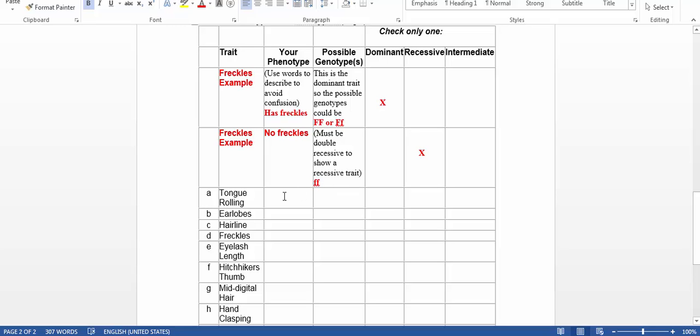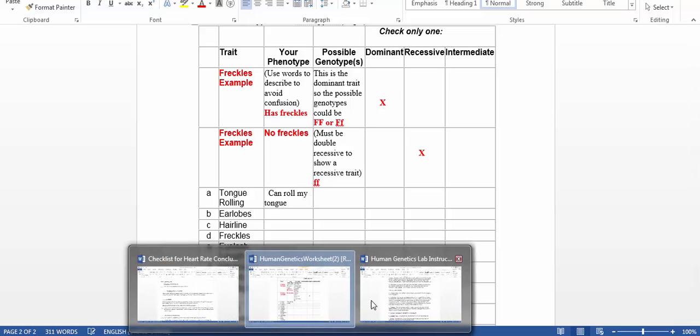All right, let's do one together. Tongue rolling. Well, it turns out we've used it for years. You probably did it all the way through grade school and high school, but tongue rolling is definitely connected to genetics, but it's not a trait that is true. You will find out, but we're going to pretend it is. All right, so I can roll my tongue.